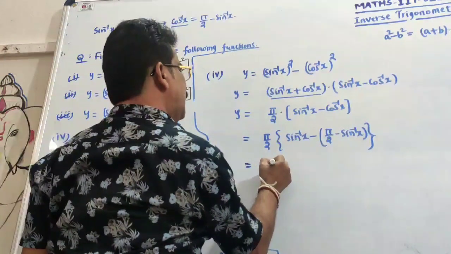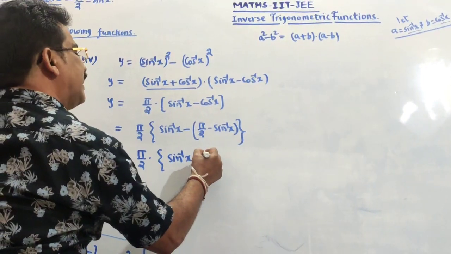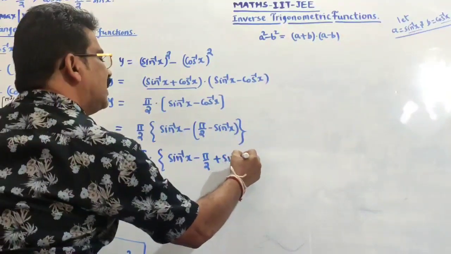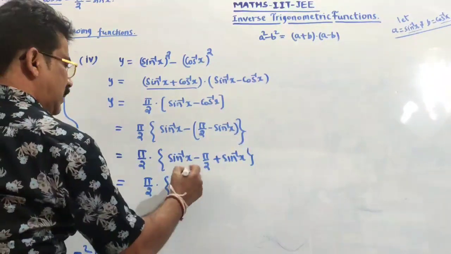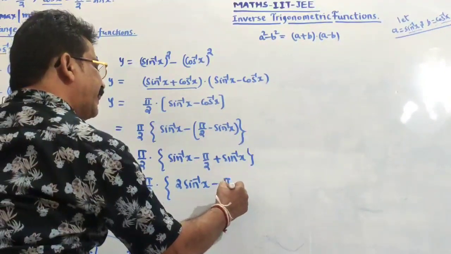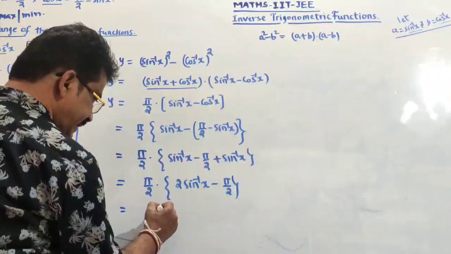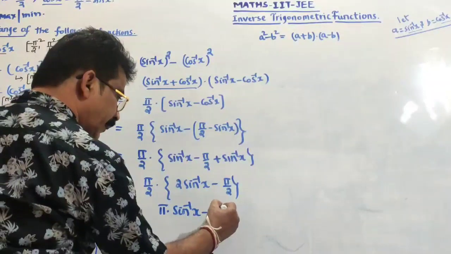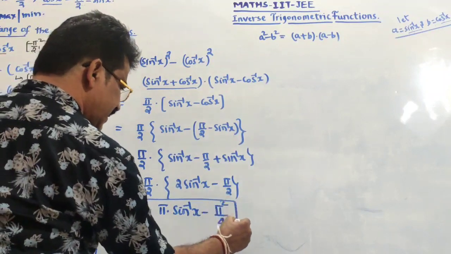So that is equal to pi by 2 into sin inverse x minus pi by 2 plus sin inverse x, that is equal to pi by 2 into 2 sin inverse x minus pi by 2. On multiplication, it is pi into sin inverse x minus pi square by 4. This is the given function.